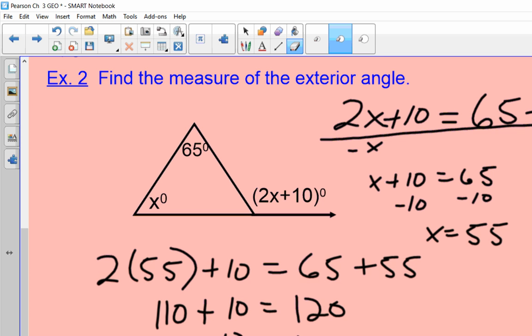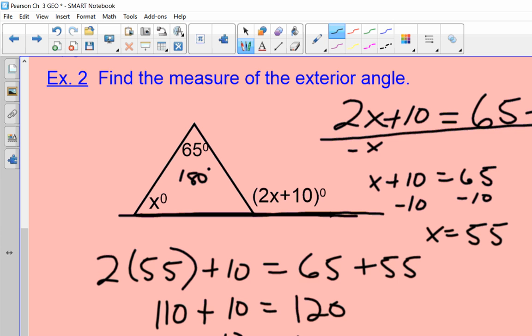Okay. Anyway, my point is that first off, we just learned that in a triangle, all the interior angles equal 180 degrees. Okay. And if you look at the bottom of the triangle, I extend it. I took the base of the triangle and extended it into a line. Well, we also learned that a line is 180 degrees.